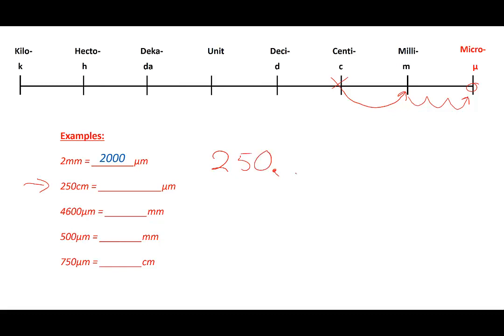The first one was jumping 1, and then we had to do 3 for the next one, but the total was that we had to do 4 jumps: 1, 2, 3, 4. So I fill in with zeros, and then I clean it up. So it's going to be 2,500,000 is the answer. So 250 centimeters is 2,500,000 micrometers.